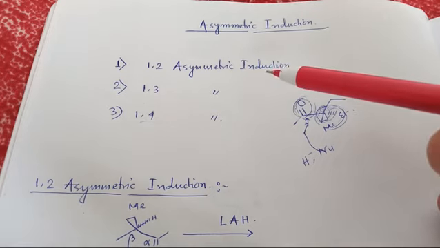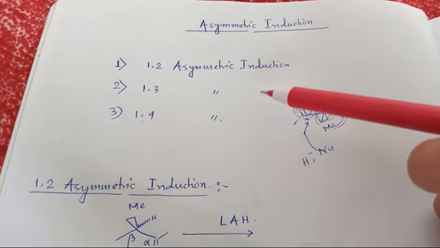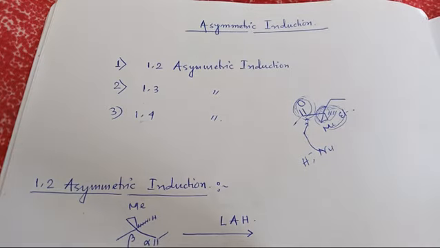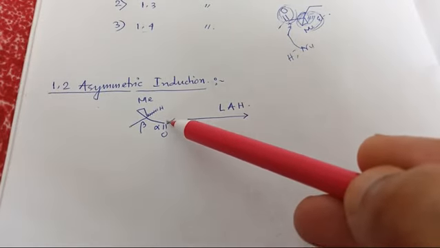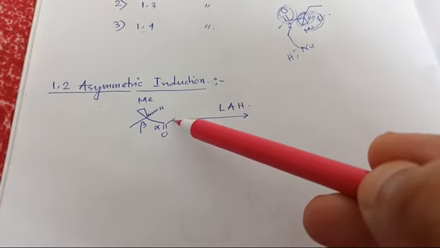Basically, asymmetric induction is categorized into three types: 1-2 asymmetric induction, 1-3 and 1-4 asymmetric induction. First I am coming to 1-2 asymmetric induction. Here you can see there is a prochiral center, the carbonyl.